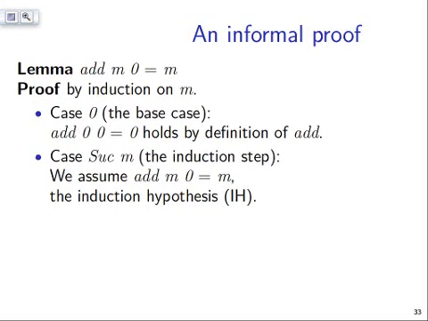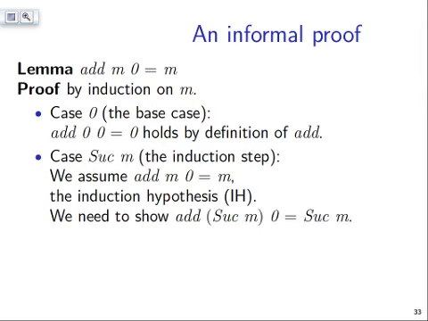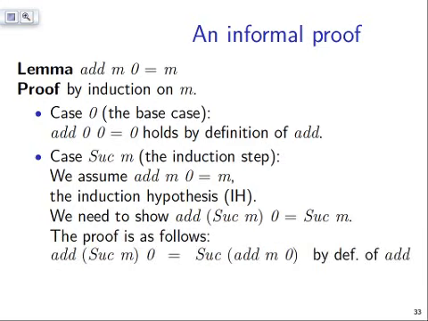And then you have the case suc of m, the induction step, where we assume that add of m and 0 is m. And we call that the induction hypothesis. And I will usually refer to this by just IH. And we need to show this, that if you now have a successor of m, it still works. And the proof is as follows. It's just the first line from here to here.